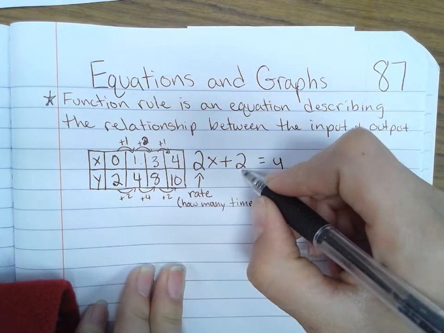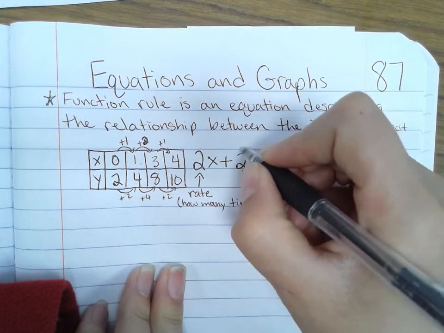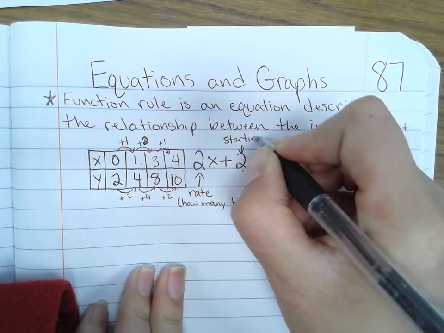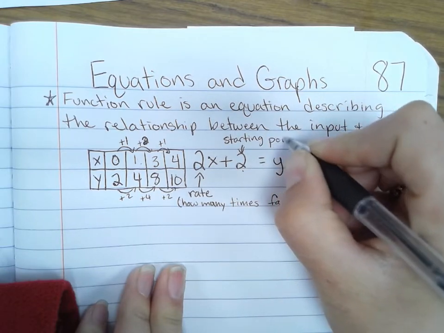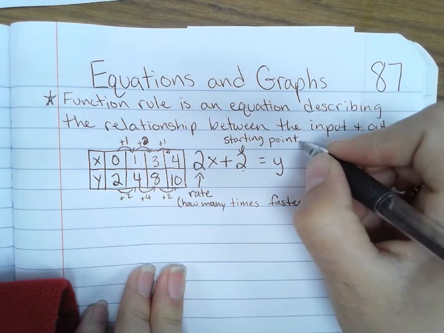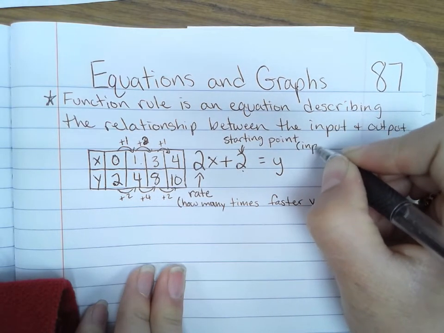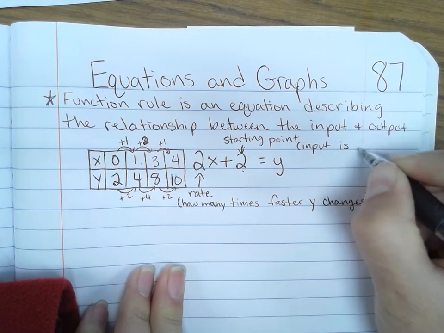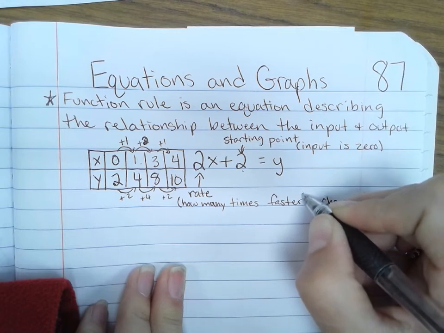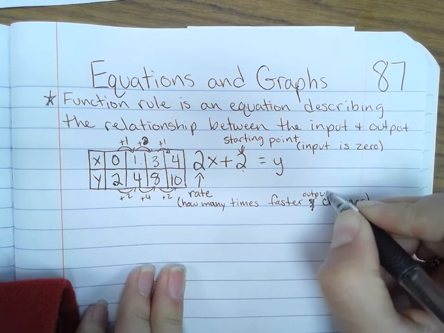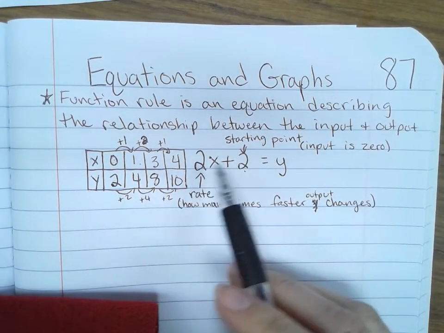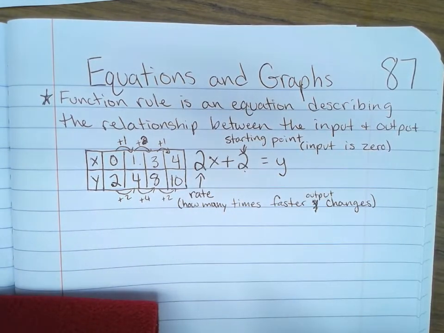This right here is going to be the starting point. And this is where your input is 0. I'm going to change y here to output, because it's not always going to be y. Okay, this is going to be your general setup for an equation.